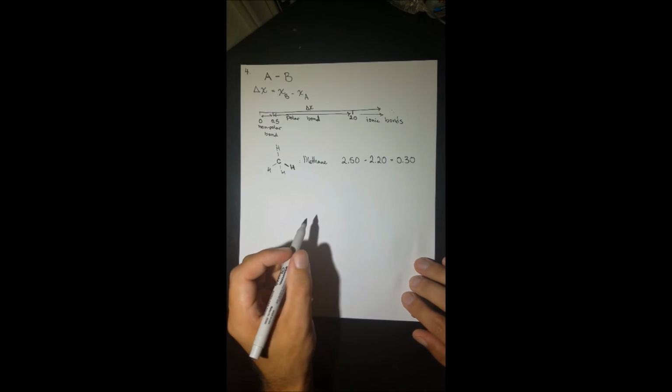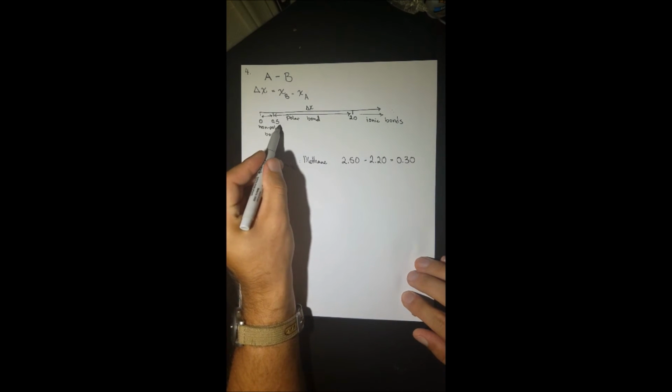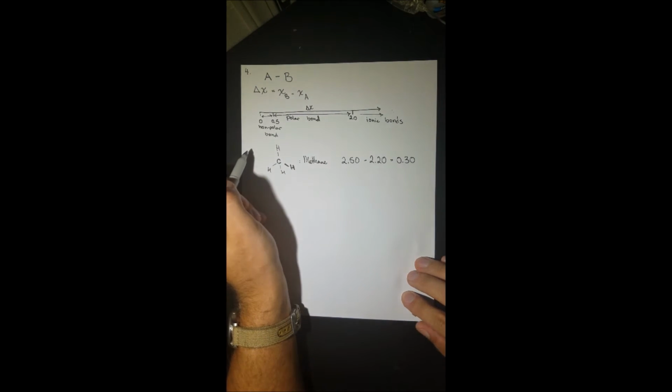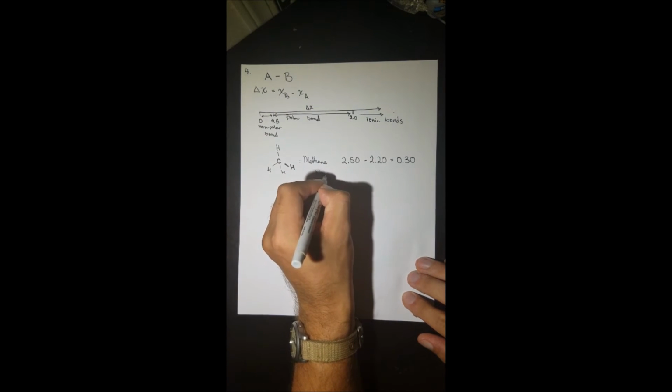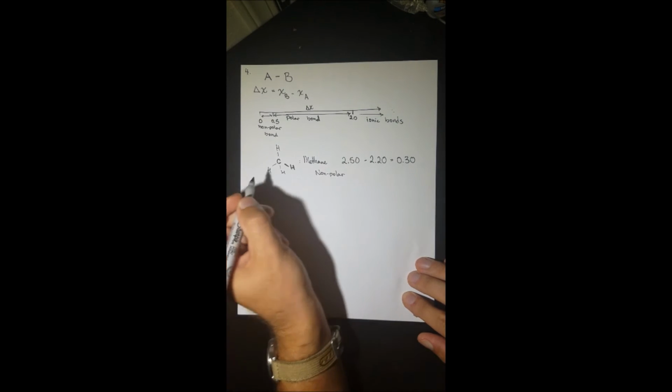That's our electronegativity difference. That falls right in between 0 and 0.5, so that tells me that the carbon-hydrogen bond is nonpolar.